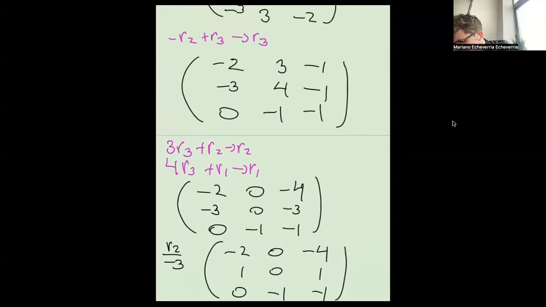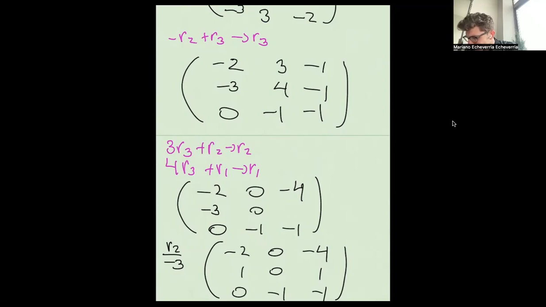Let's see. Oh, right, because this is 4 row 3 plus. Oh no, wait. Oh, it's minus 4, right? Here it should be minus 4. Is that correct? I think to the left of it, I think it's -1. Oh, okay. What's going on?